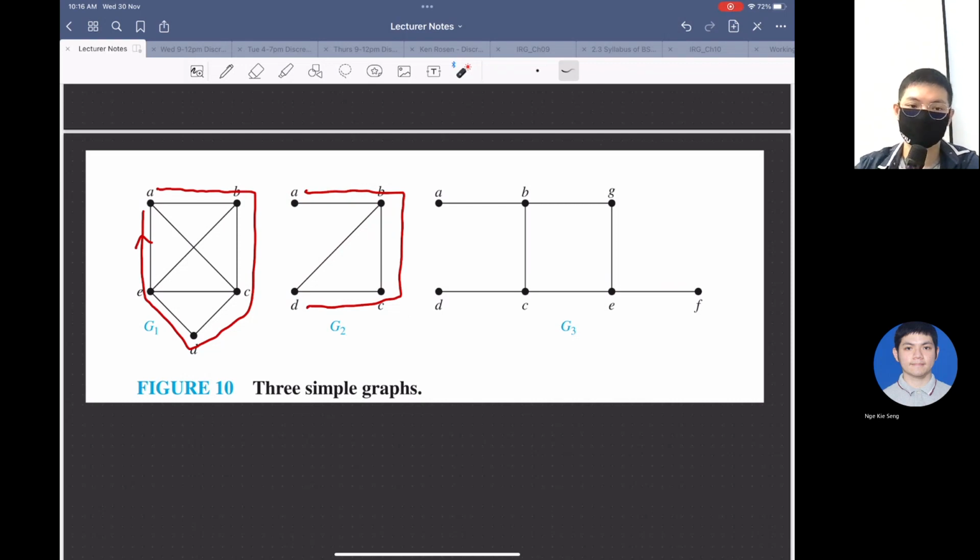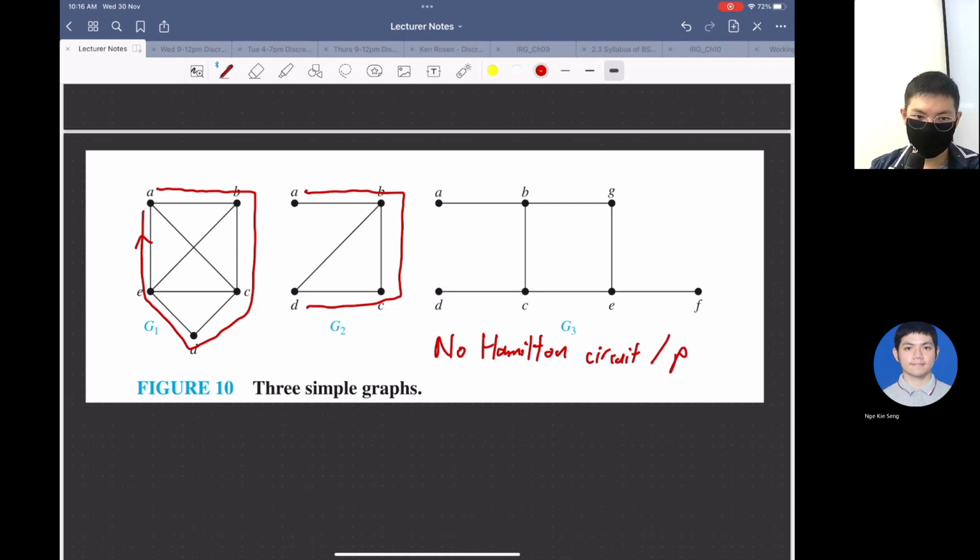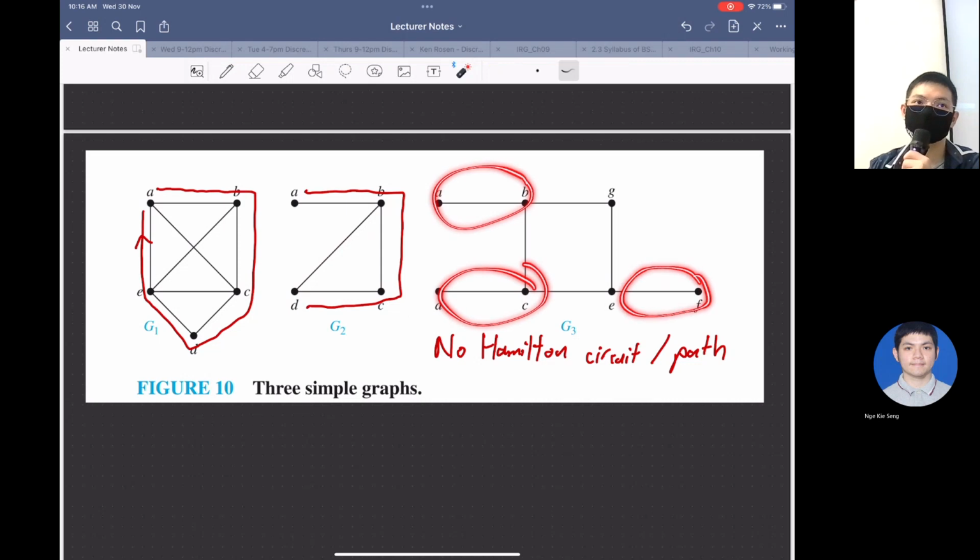How about G3? No circuit, no path. Okay, no Hamilton. Why? You should keep trying, and then you will see that every time you want to make a path or circuit, you need to revisit either DC, AB, or EF twice.